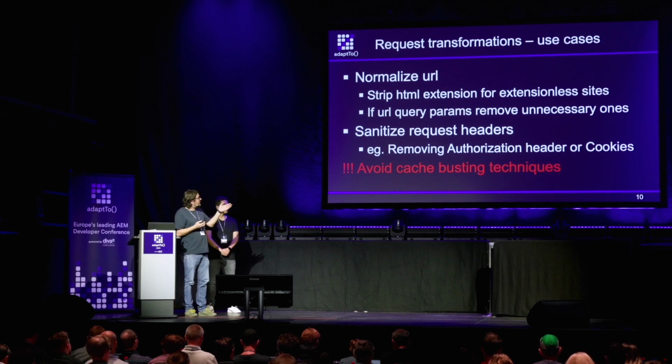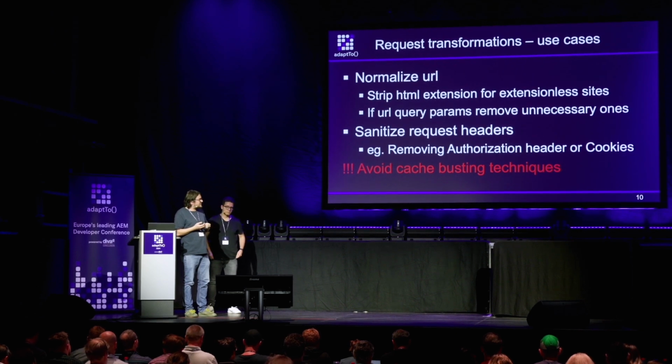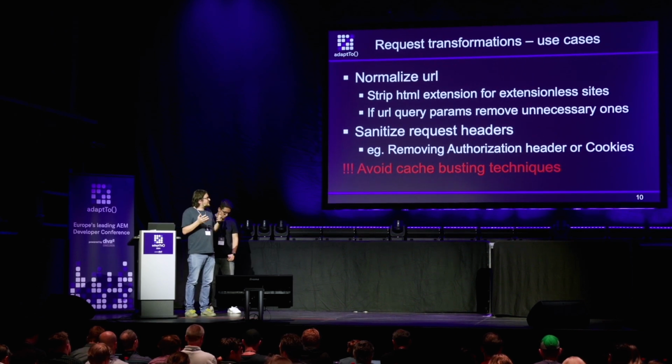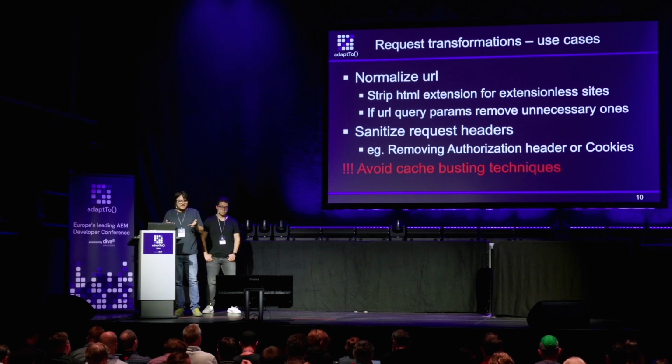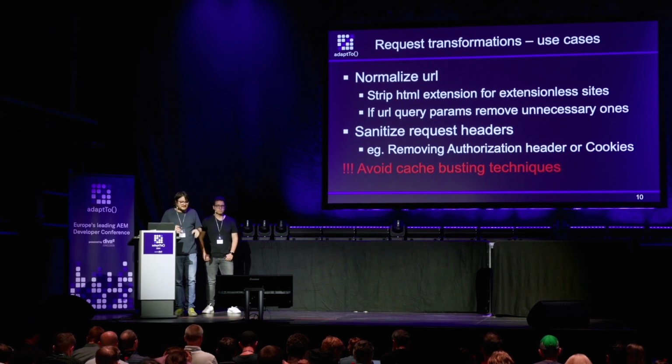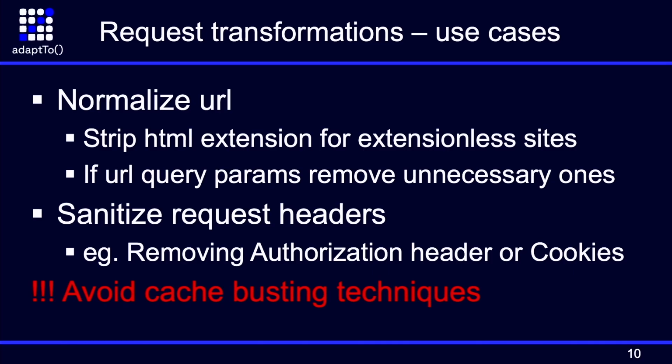I would recommend removing, for example, the authorization header or authorization cookies if you don't use authorization on your site. Again, this has an effect on the dispatcher, because dispatcher doesn't cache things that have an authorization header. So by sanitizing these request headers, you avoid requests that can avoid the cache, so cache busting techniques.